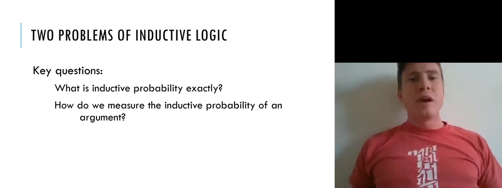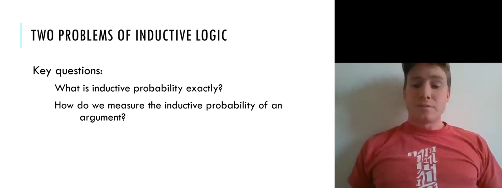And in order to do that, we're going to need to get really clear on what inductive probability is. What is it for an argument's premises to render its conclusion probable? These are questions that are not nearly as well studied or as well agreed upon in the history of philosophy as many of the questions regarding deductive logic.